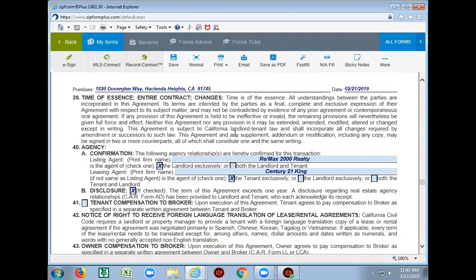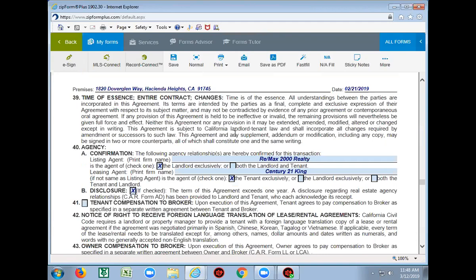Time of essence. Entire contract and changes. Time is of the essence. All understanding between the parties are incorporated in this agreement. Its terms are intended by the parties as a final, complete and exclusive expression of their agreement with respect to its subject matter and may not be contradicted by evidence of any prior agreement or contemporaneous oral agreement. If any provision of this agreement is held to be ineffective or invalid, the remaining provisions will nevertheless be given full force and effect.